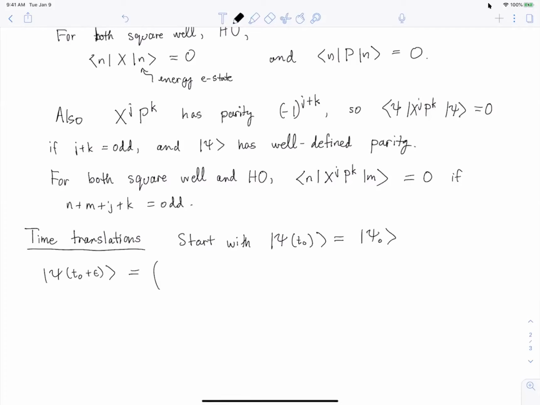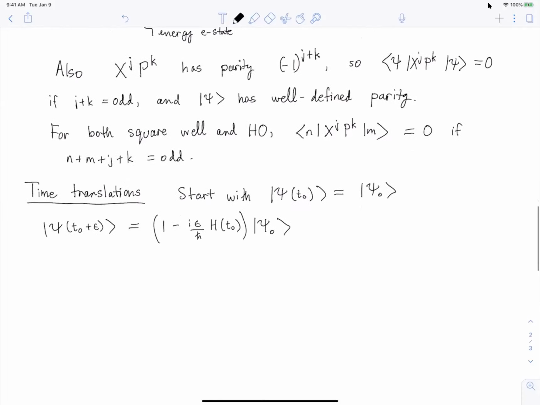If epsilon is infinitesimal, it's the identity operator minus i epsilon over h bar times the Hamiltonian at the time t0, times the initial state, which was psi 0. So I'm admitting the possibility here that the Hamiltonian depends on time. And so what does this say? This statement is H of t0 is the generator of time translations.